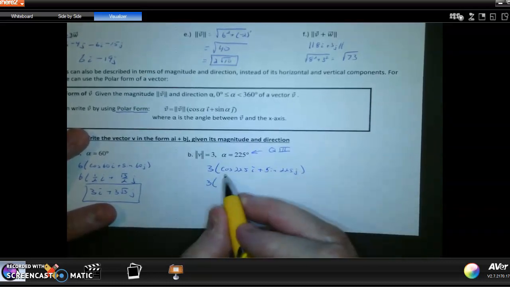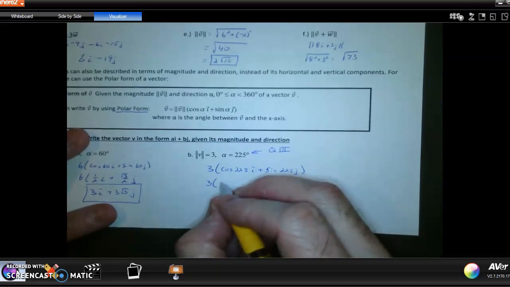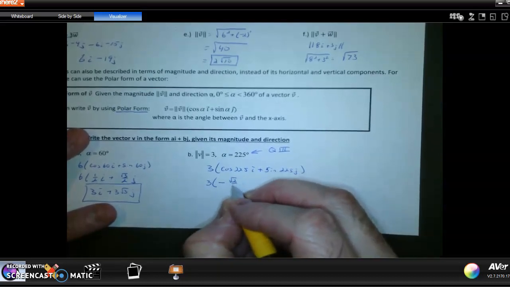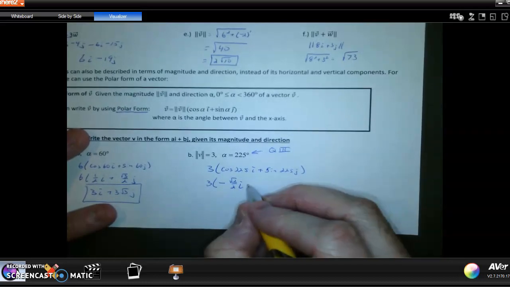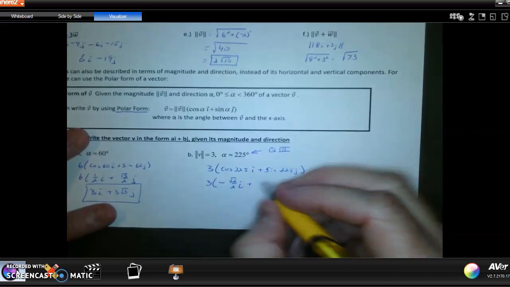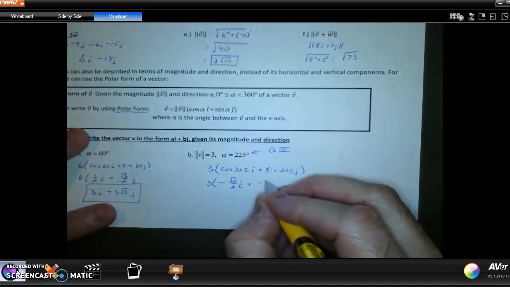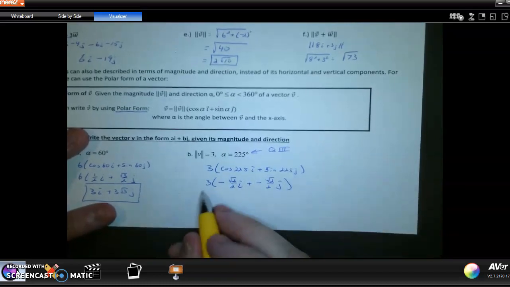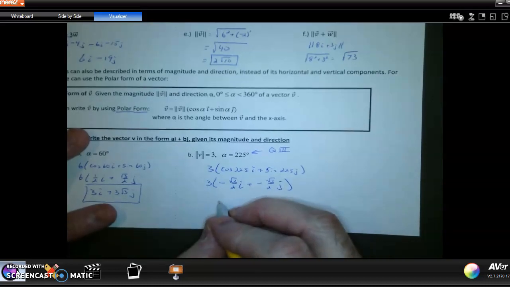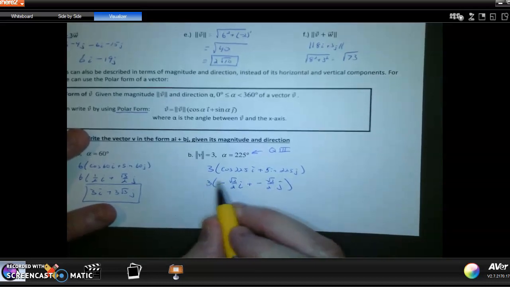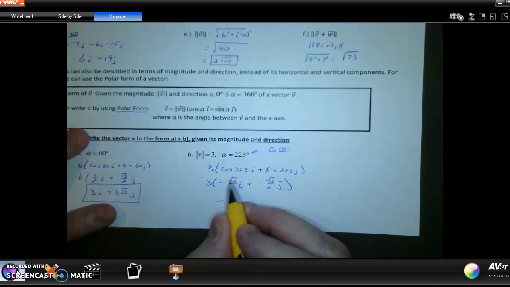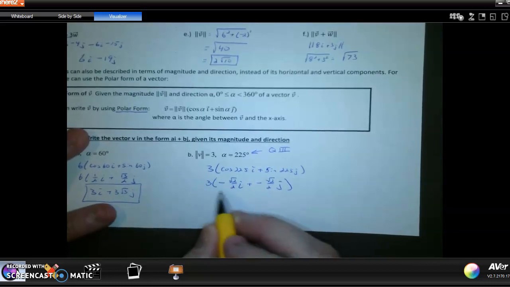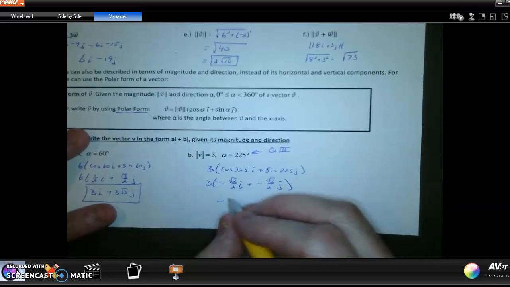So the first thing I'm going to do is take the cosine of 225, which is going to be negative radical 2 over 2 i. I'm going to take the sine of 225, which is also negative radical 2 over 2 j. And then I'm just going to distribute the 3 in. So that's going to be negative. 3 times this fraction is just going to be 3 radical 2 over 2. There's no simplifying. The 3 and the 2 don't reduce or anything.